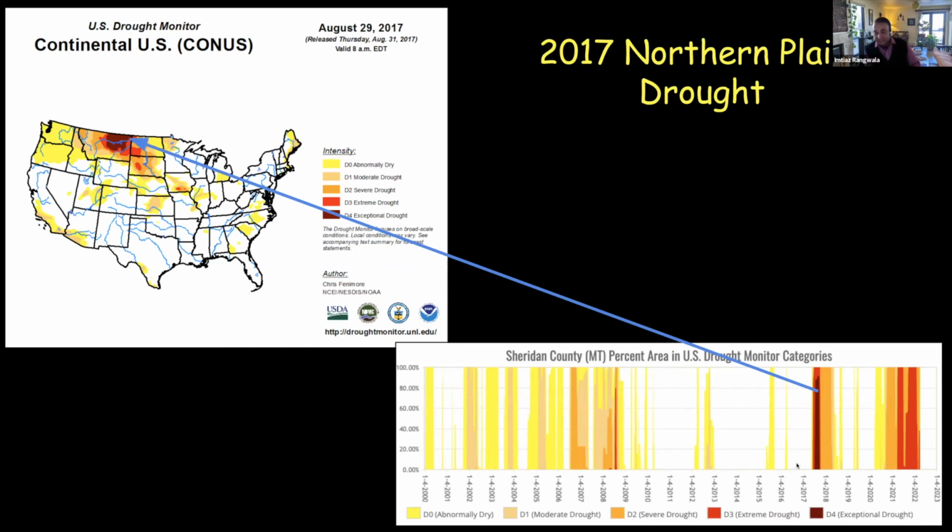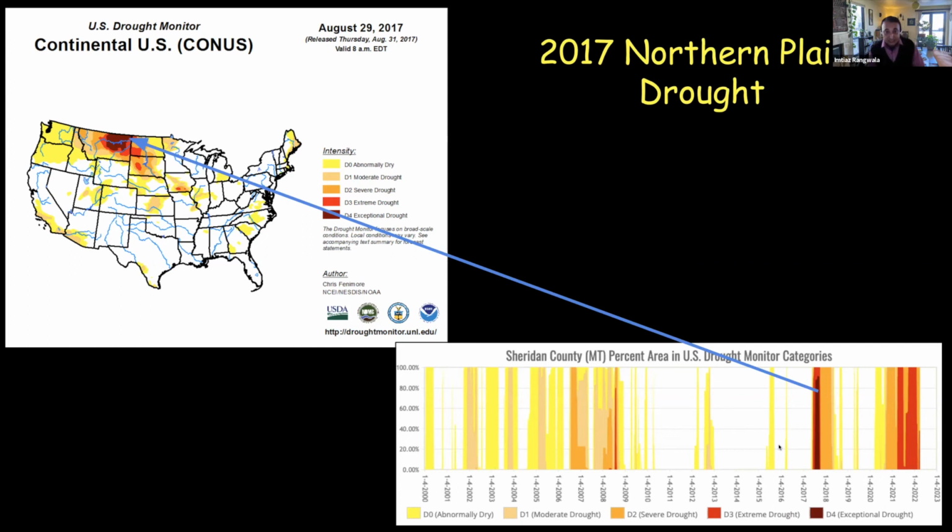In fact, the decade before the drought started was the wettest decade in the Northern Plains region in general. So it went from a very wet condition into extremely dry conditions. They missed three months of rain and got into a very strong drought, the most severe experienced.